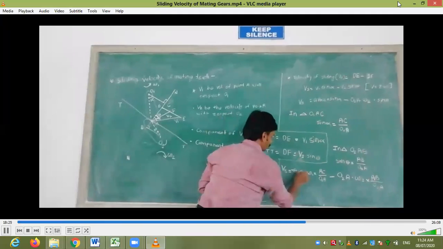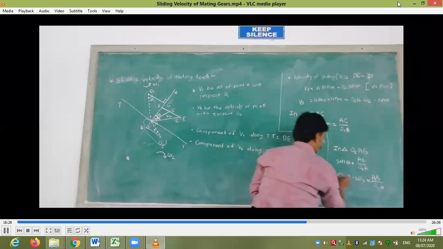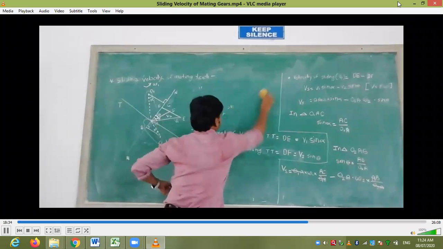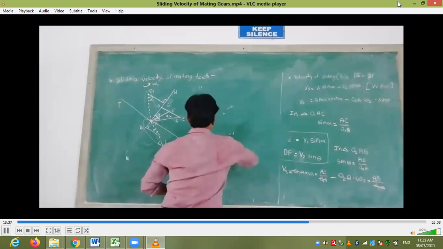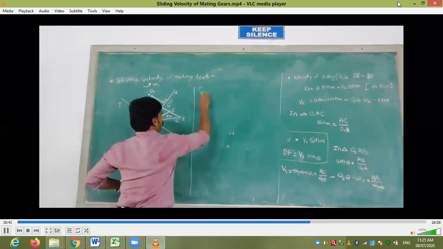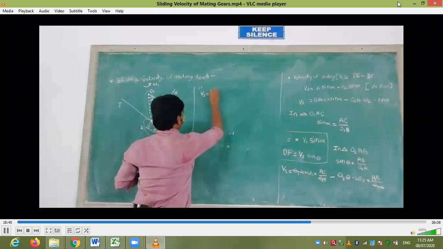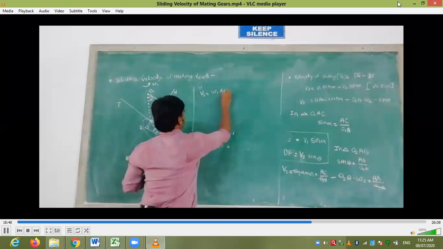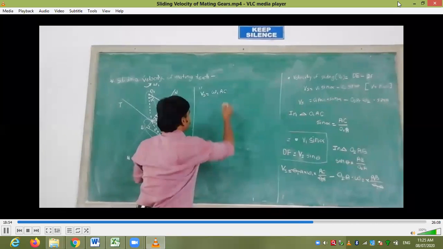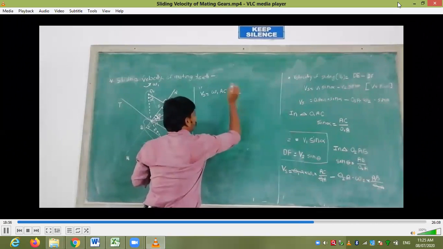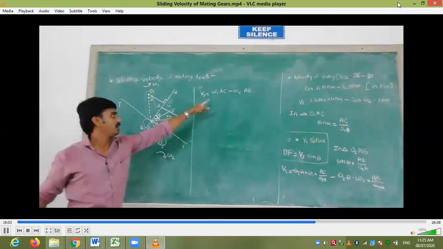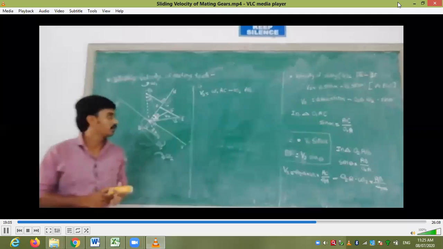Here O1A will cancel and O2A will cancel. Vs is equal to omega 1 into AC minus omega 2 into AB.